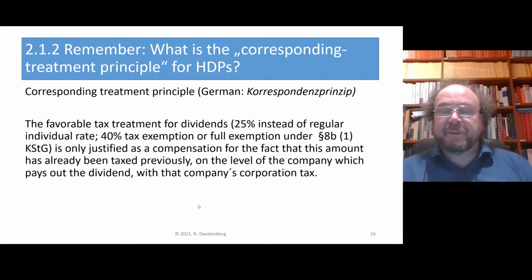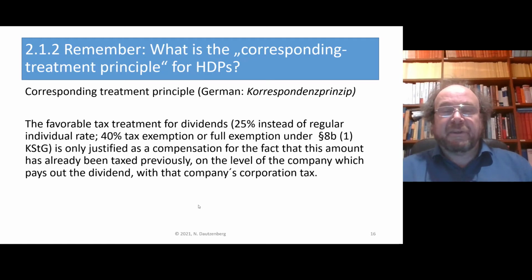So the corresponding treatment principle says, if by coincidence, by error, or by what else, this money has not actually been taxed on the level of the corporation which pays it, then you don't get the reduced rate or the tax exemption as a shareholder. Then that dividend becomes fully taxable in your hands, because then the reduction is no longer justified.